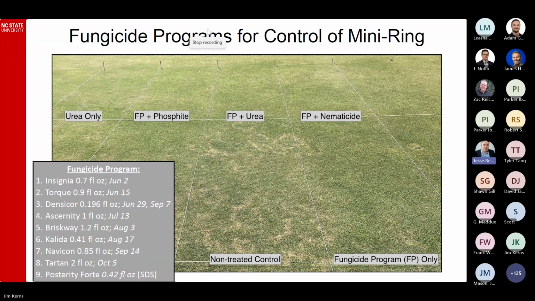Okay, and this one is, are there any SDHI fungicides in the trial phase that have efficacy on take-all root rot? Yeah, we have seen efficacy out of Acernity.